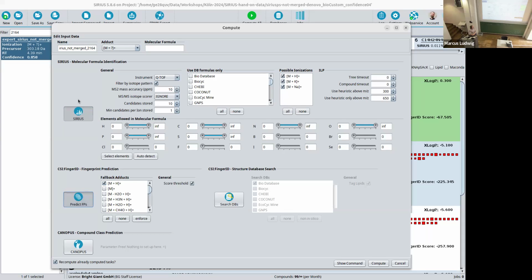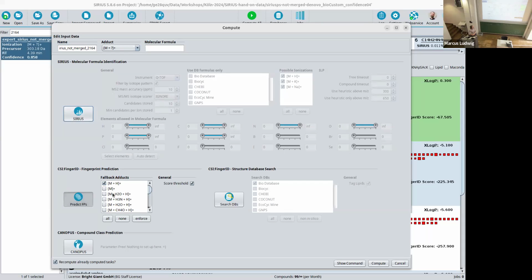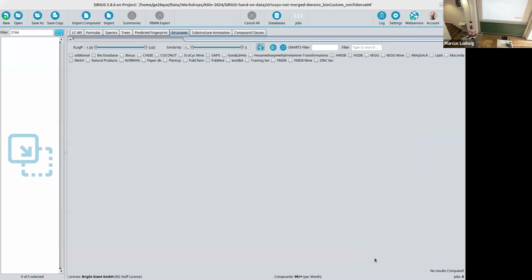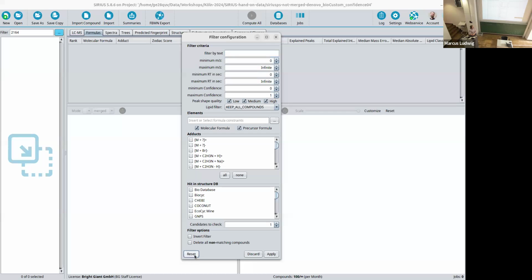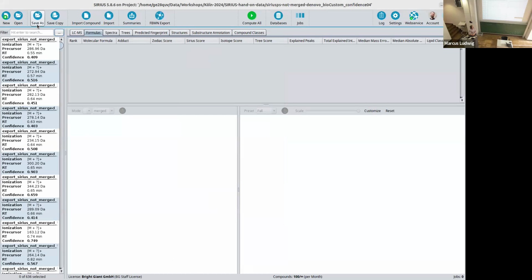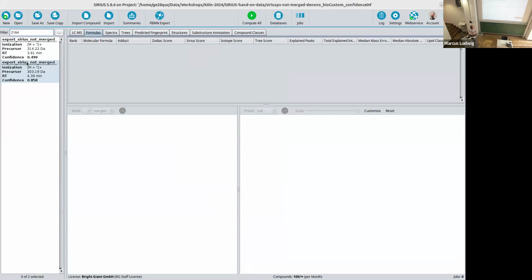Basically, what you can change is just trying some more adducts here to see if they make sense or not, and search again in your database. Then the results change a bit. The filter doesn't work anymore, I have to recompute this feature here.